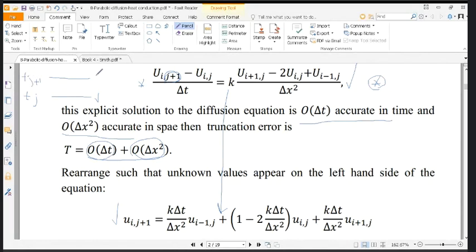Okay, we are at t_j, the value of U at t_j is known, but the value of U at t_{j+1} is unknown. And when we separate the known and unknown values, we have this equation.